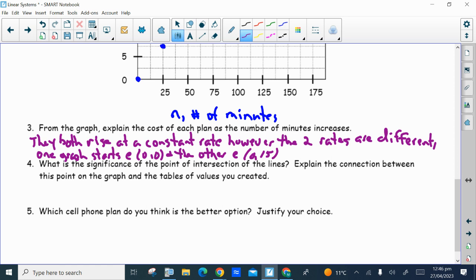So there are some similarities. They both follow a linear pattern. They have a constant rate of change. The rates are different though, and they also start at different points.